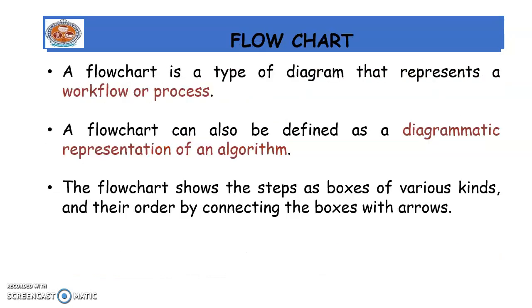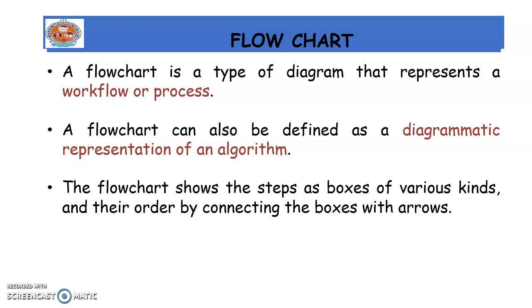Coming to flowchart, a flowchart is a type of diagram that represents a workflow or process. A flowchart is a diagram which represents the flow of work in the algorithm. A flowchart can also be defined as a diagrammatic representation of an algorithm.